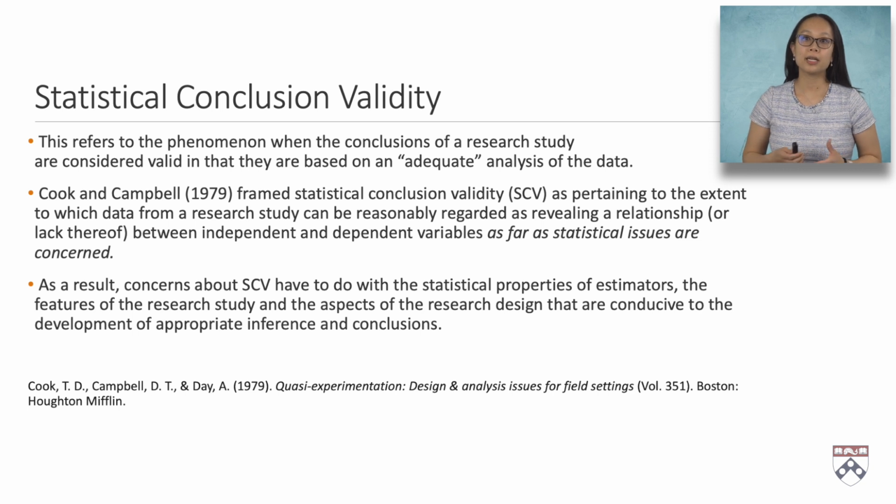Because if you think about it, if the conclusions that we make are inappropriate and they are used in, let's say, policy settings, this can have very dire consequences for how evidence-based research is disseminated in making decisions.